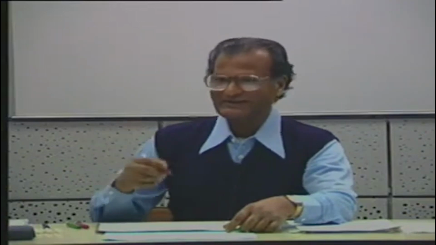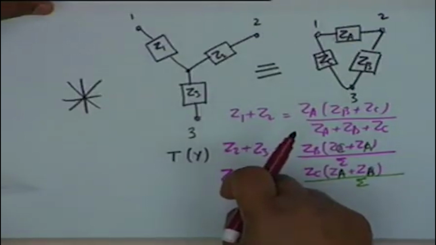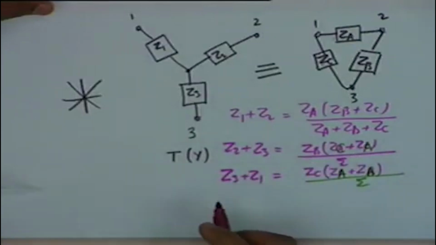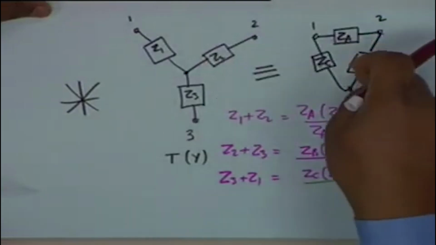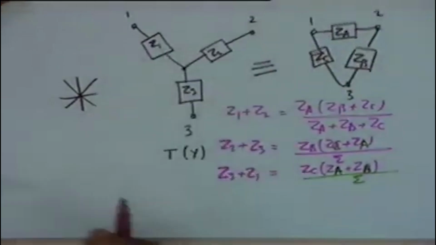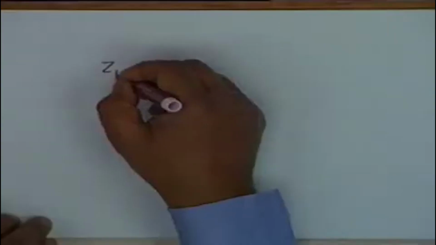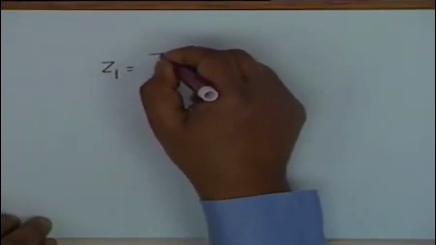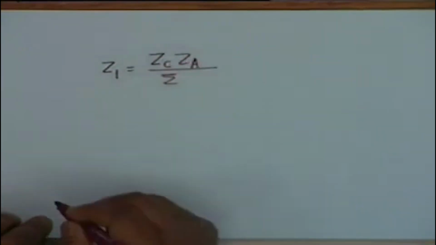All right, we will do that also. Let us first find out Z1, Z2, Z3 in terms of ZA, ZB and ZC. That is, we are going from pi to T, or delta to star. All right, the results are, I'll come back to this. Results are Z1 equal to ZC ZA divided by sigma.